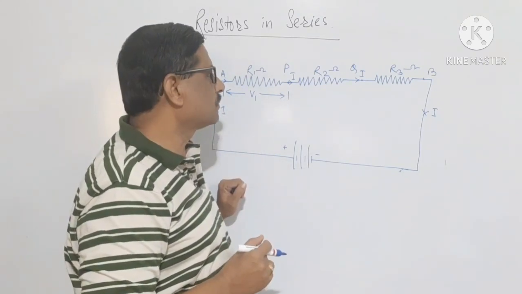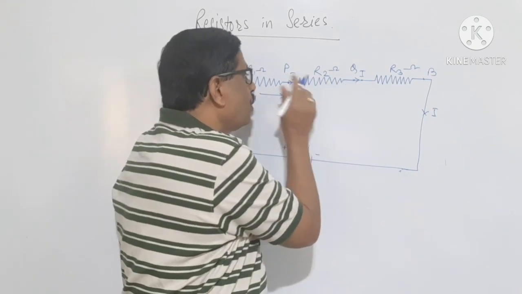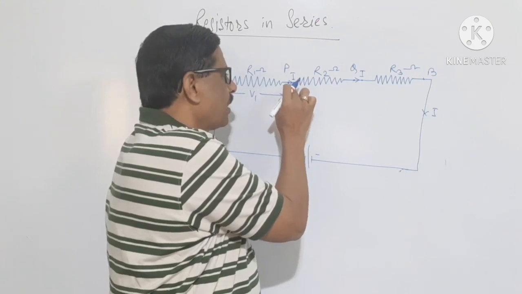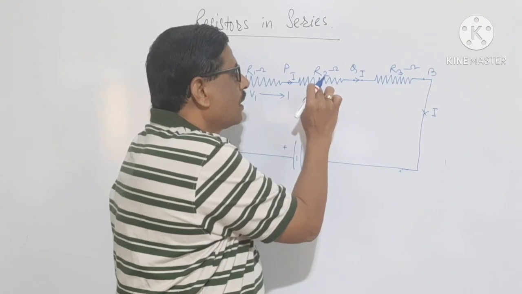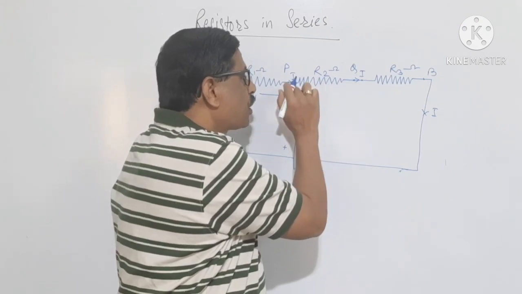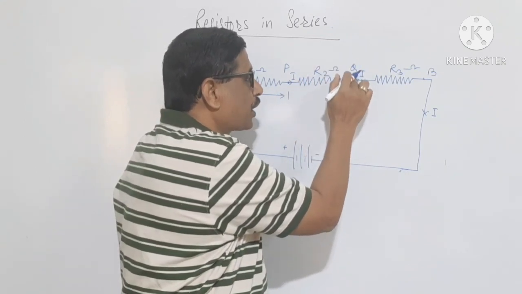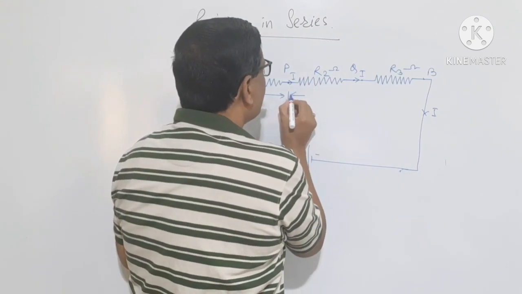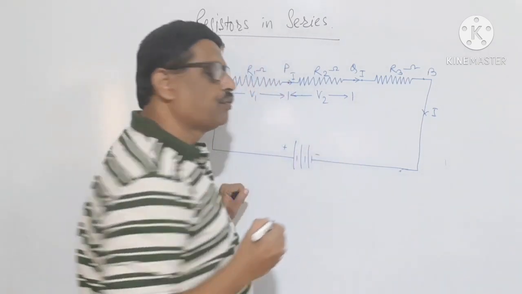Again, as compared to Q, P is at higher potential. Current flows through R2 and some work is done in order to flow the current through R2, and because of that work done, there will be a fall of potential, and the potential at Q is less than that of P. Therefore, the potential difference between P and Q, let it be equal to V2.